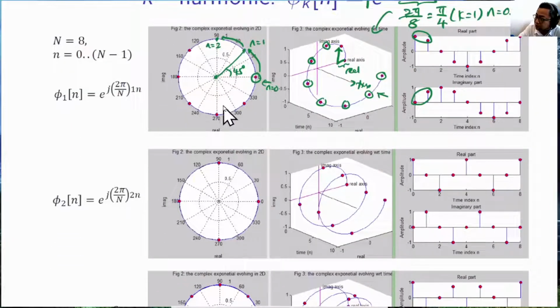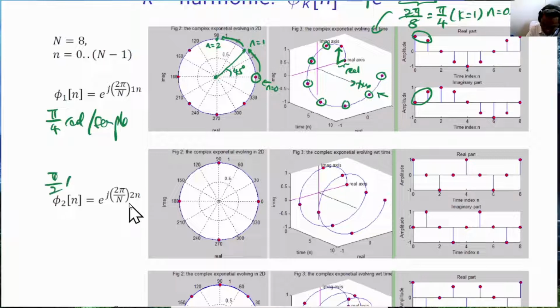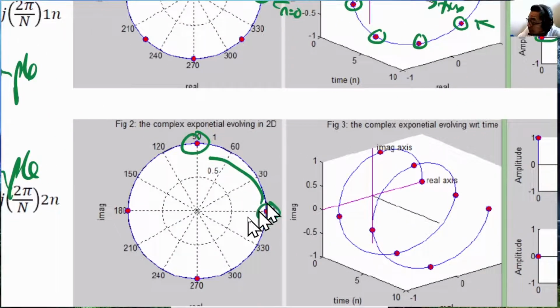Now, let me make the rotation faster. So I times 2, so if this guy is pi over 4 radian per sample, I'm going to do times 2. This is pi over 2 radian per sample. 2 times the speed. So at each step, previously I was moving by 45 degrees. Now I'm moving by 90 degrees, pi over 2.